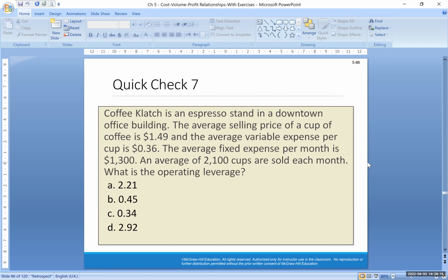The average fixed expenses per month are 1,300, and an average of 2,100 cups are sold each month. What is the operating leverage? Let's open a new slide to add the solution.